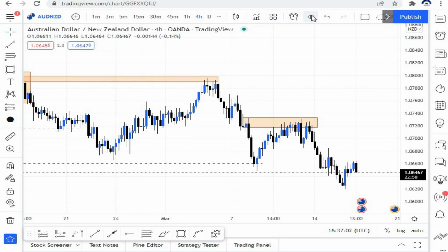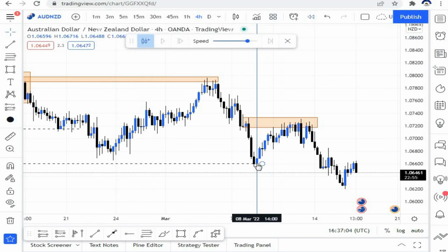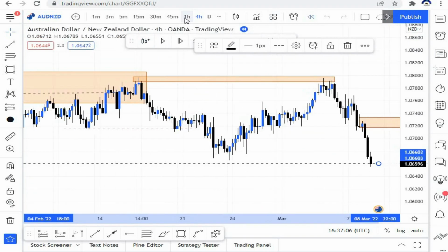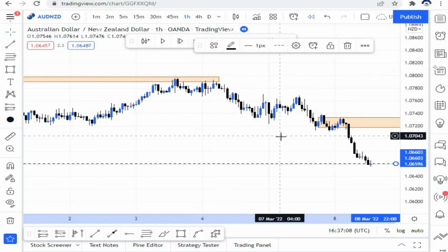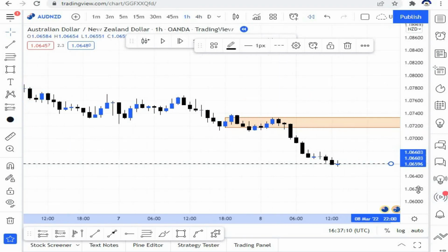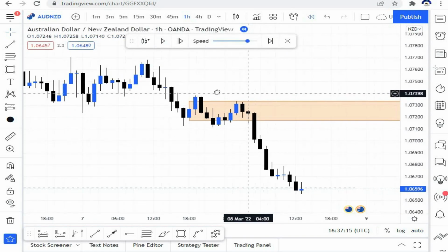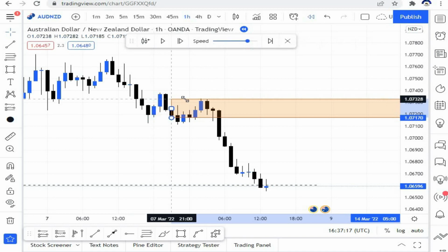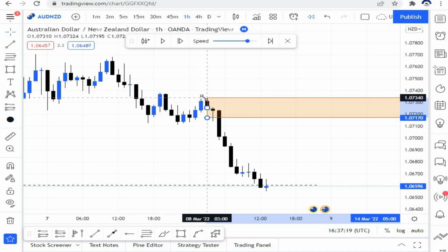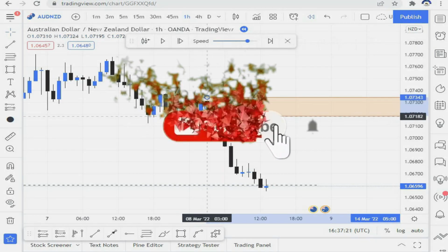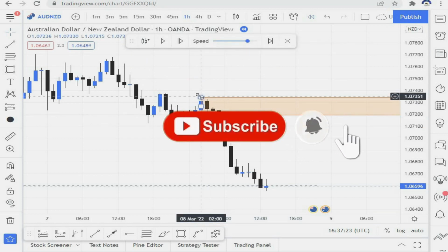Now let's go back in time. I'm going to use the back timer, and do something like this, as you can see. So now you expect the price to come back to this supply zone area, to the last candlestick where the price decided to go down. It was this one right there.